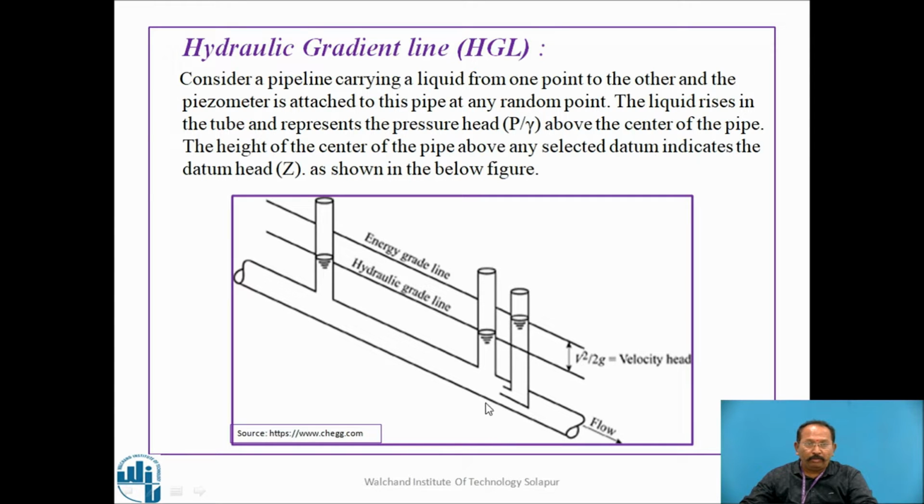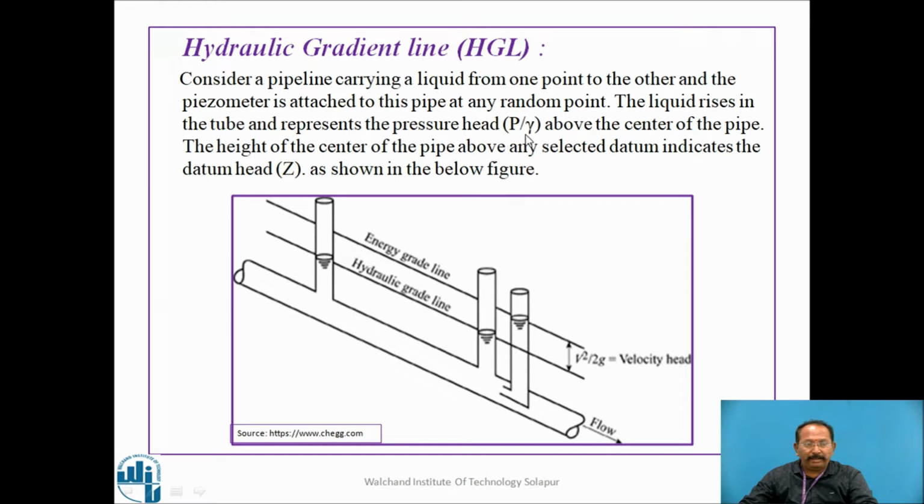Here also, this datum head plus this one. The datum head is denoted as Z, and this is the pressure head, P by gamma, that is specific weight.